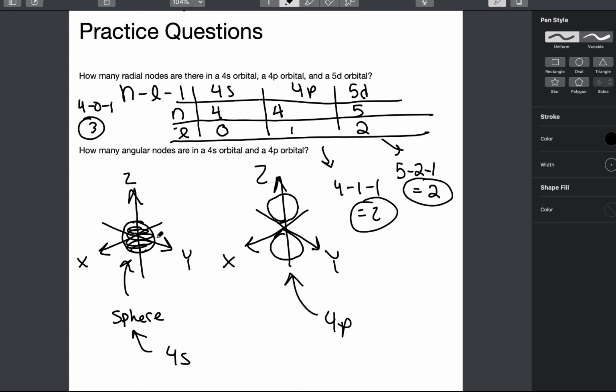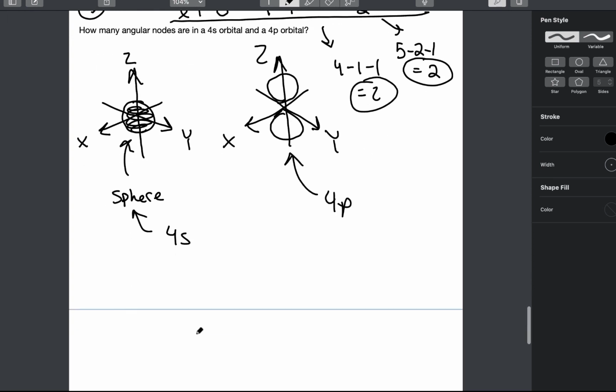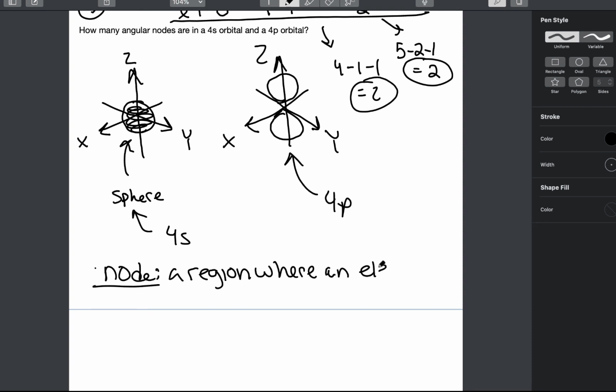4s orbital. So let's first remember what a node is. A node, remember, is a region where an electron does not exist.